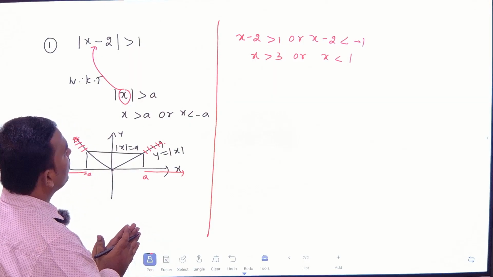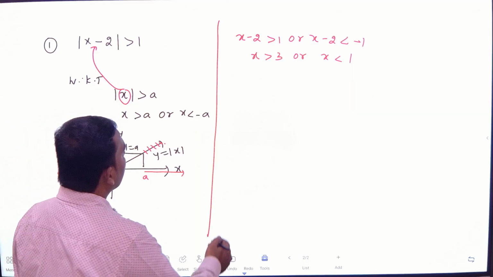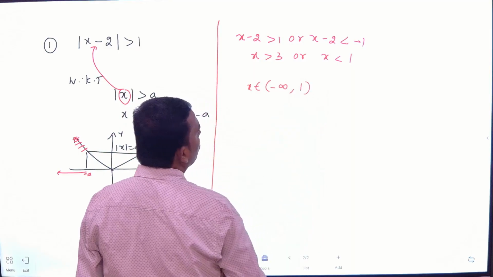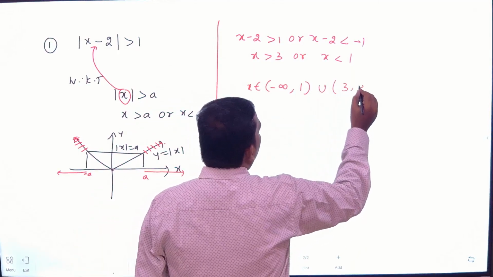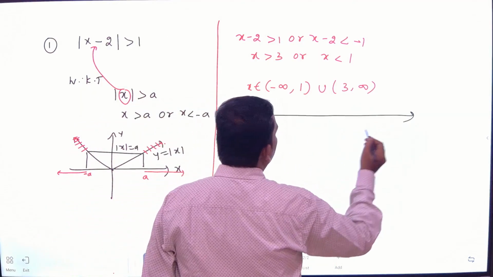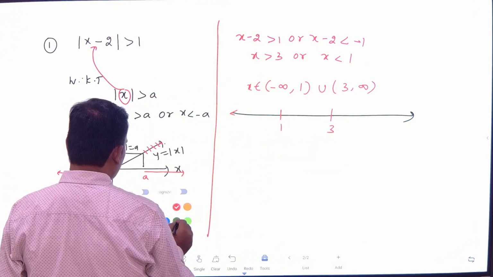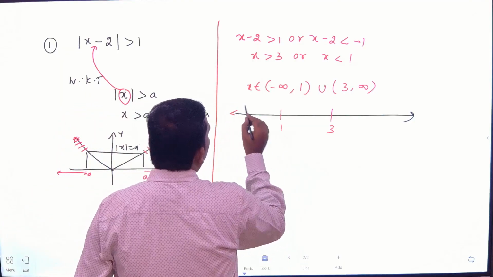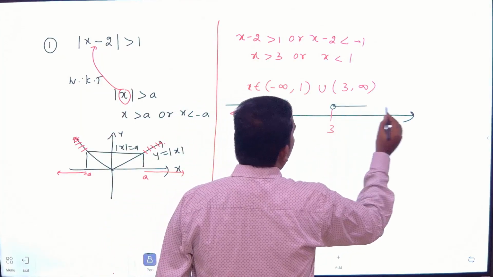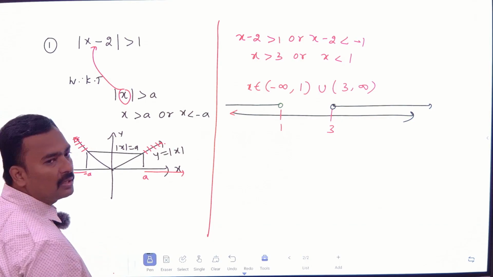So x is greater than 3 or x is less than 1, meaning x belongs to minus infinity to 1, open interval, union 3 to infinity. On the number line, 1 is here and 3 is here, and we need minus infinity to 1 union 3 to infinity. This is the first one done.